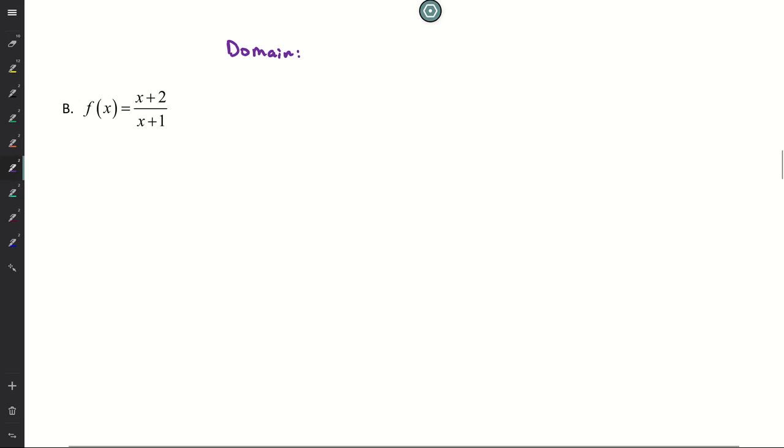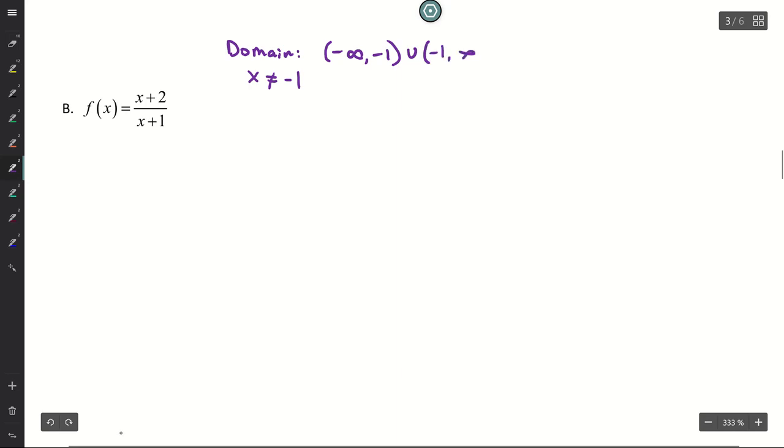In this example, x could not be equal to negative 1, because if it were, it would make the denominator 0. So the domain is negative infinity up to negative 1, excluding that, union negative 1 to infinity. Essentially it's all real numbers except for negative 1.